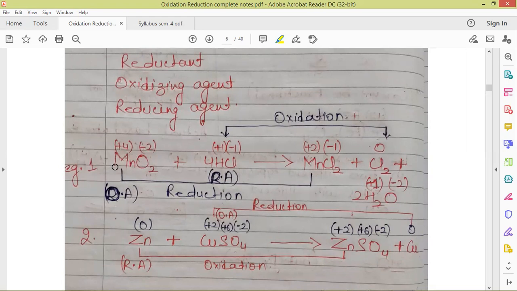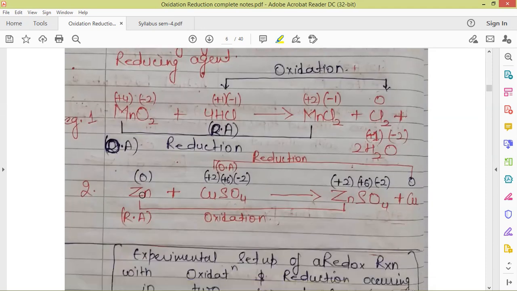This is undergoing reduction, so it is an oxidizing agent. And for HCl, the oxidation number for chlorine is getting increased from -1 to 0. That means it is oxidation, because here it is loss of electrons. So this is undergoing oxidation, that means it is acting as a reducing agent.